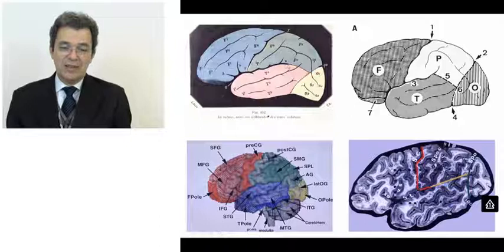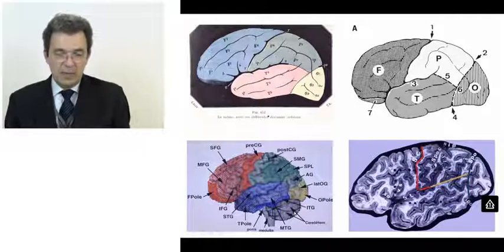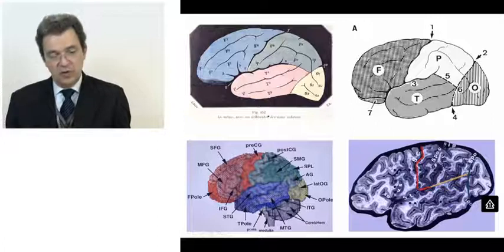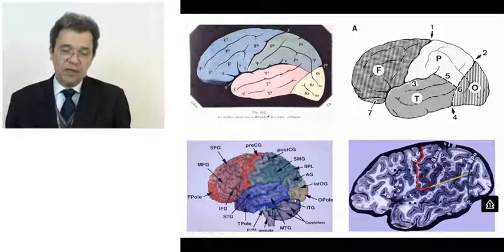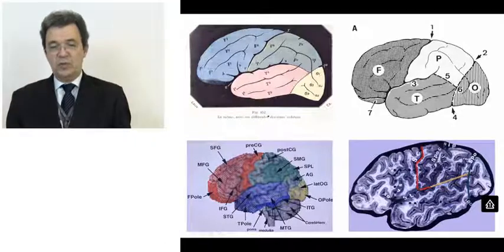Testut extended the line posteriorly. Damasio did not give a clear definition of how the border should be identified. So it is important to know that there is no agreed definition about where a structure would be lying exactly. And actually, I don't think it's really important. It is important when you deal with structures that are very clear, like the central sulcus or the Sylvian fissure.